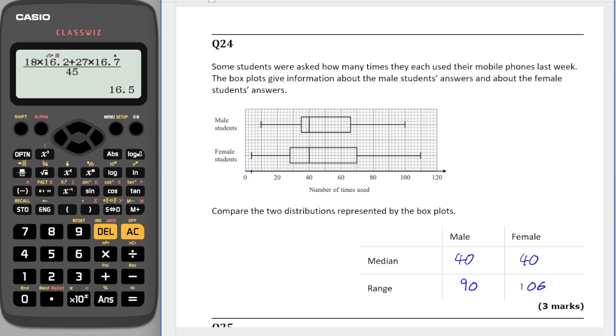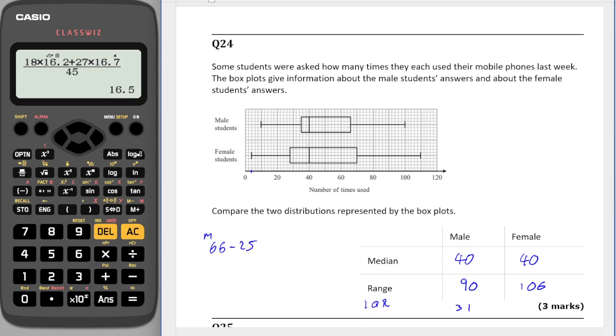And then box plots really are set up for interquartile range. So that's the difference between the bottom quarter and the top quarter. So the interquartile range for the males is looking like 66 minus 25. So we're looking at 31.